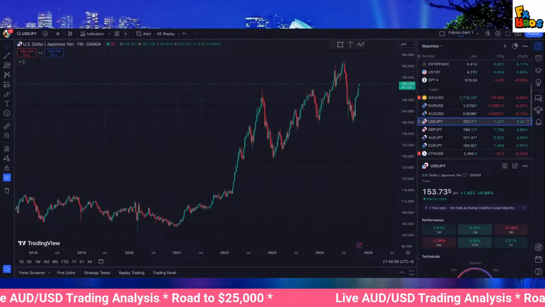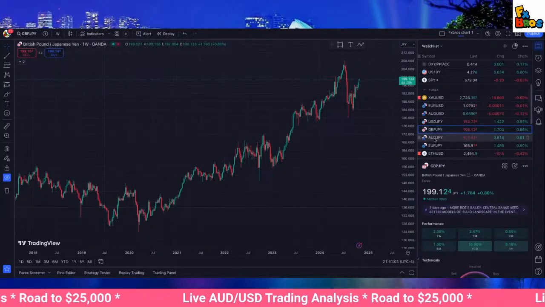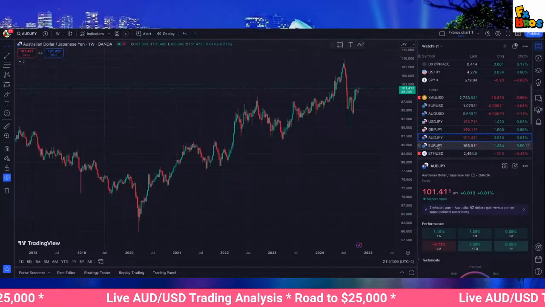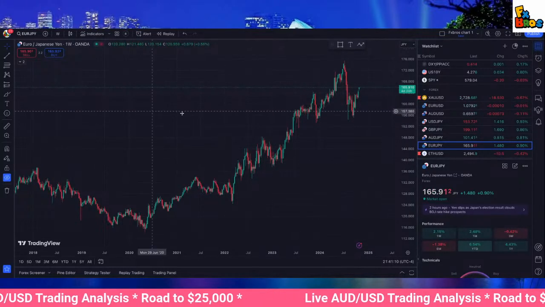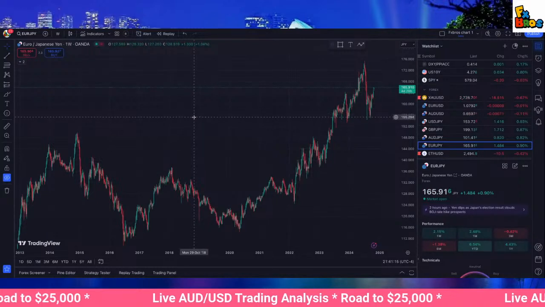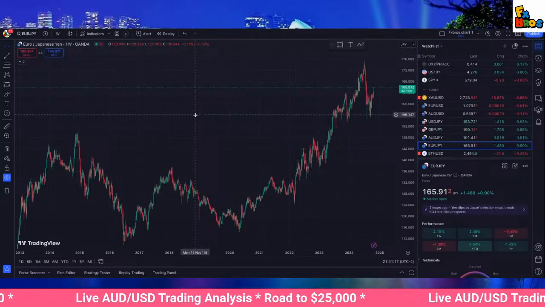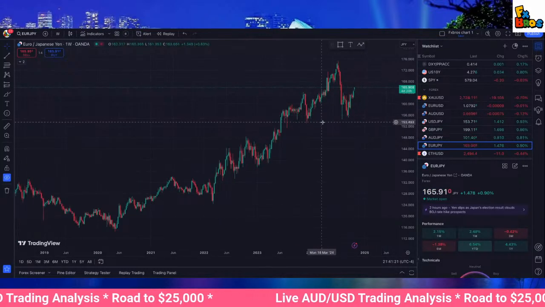Weekly on the UJ, as you can see, bullish, GJ, bullish, AJ, bullish, EJ, bullish. So I probably wouldn't be taking sales on the Jappy pairs. This is a nice entry on a pullback too.